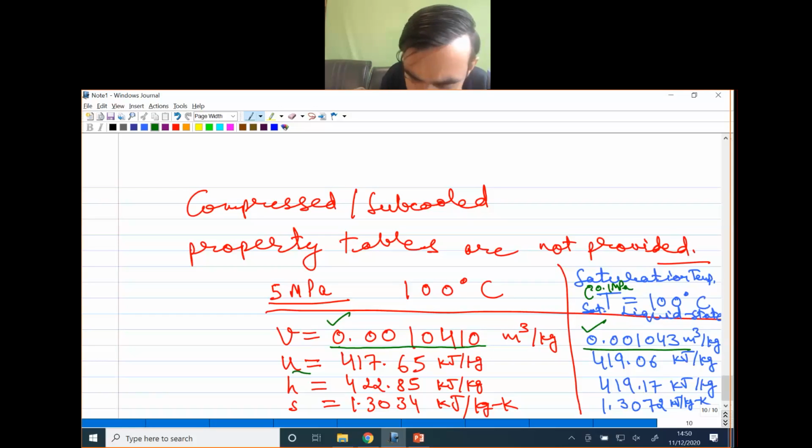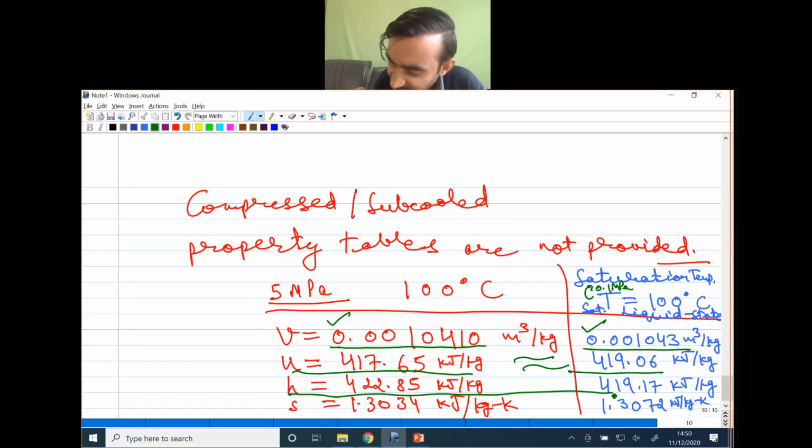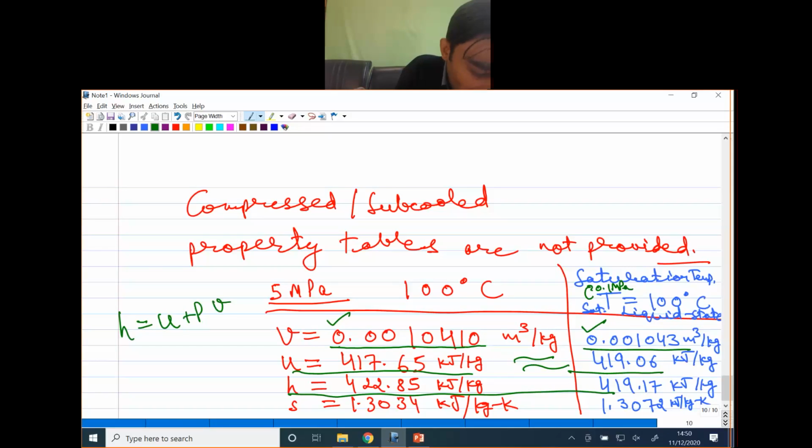Similarly, in terms of internal energy also, the change is not significant, so this is also very closely approximated. If we talk about enthalpy, then obviously we have a slightly significant change. Why? Because enthalpy includes, in our definition, H equal to U plus PV.